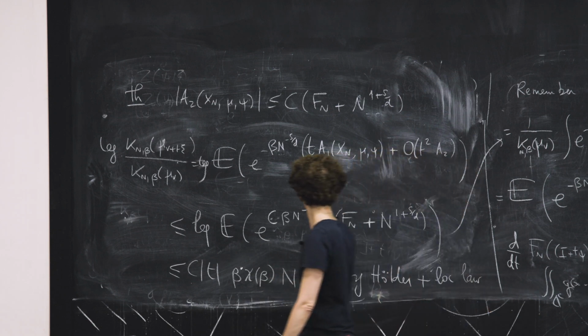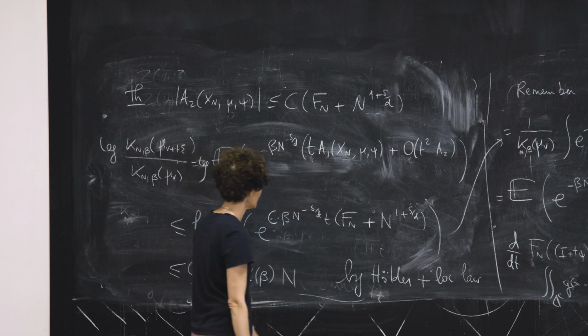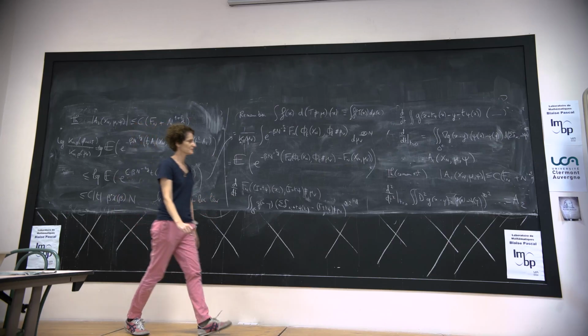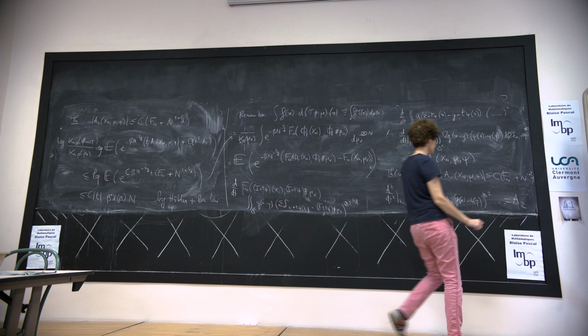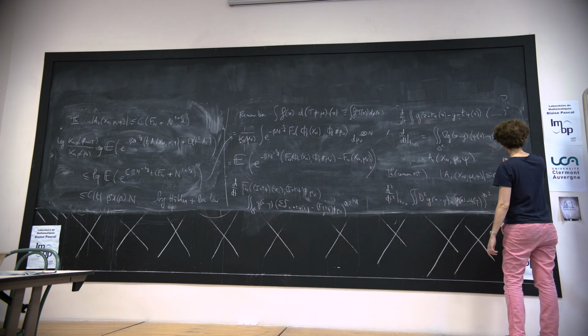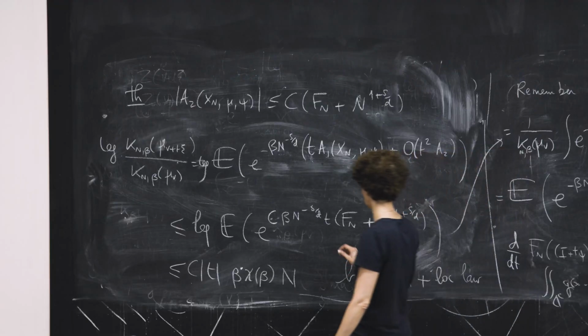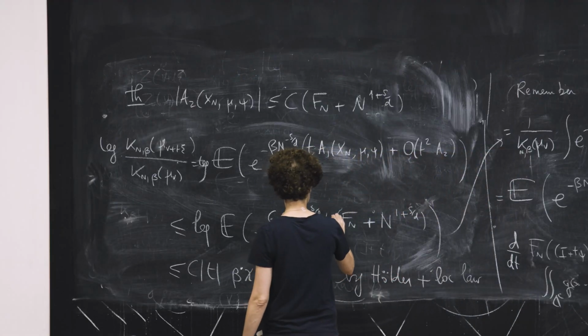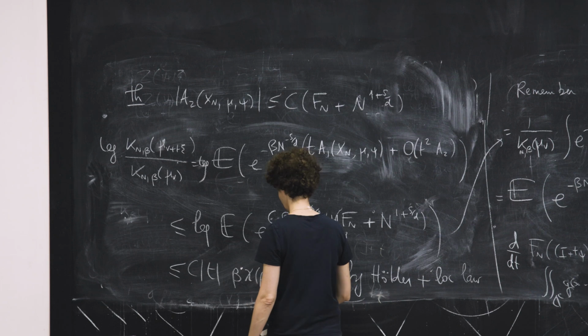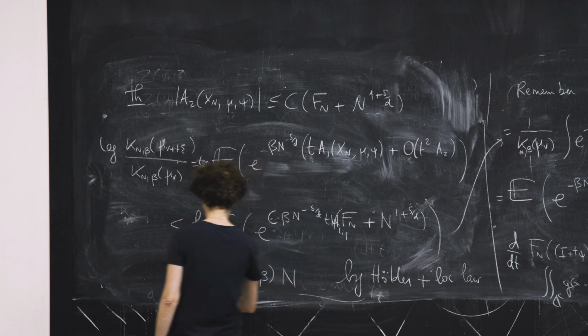So by the way, I forgot something here in the A1. There is the Lipschitz norm of psi. So this Lipschitz norm is floating here.